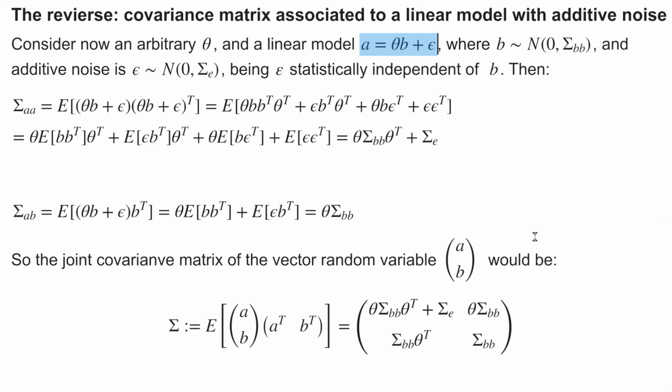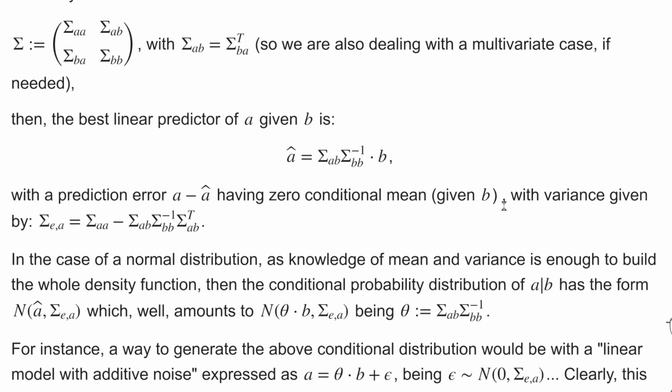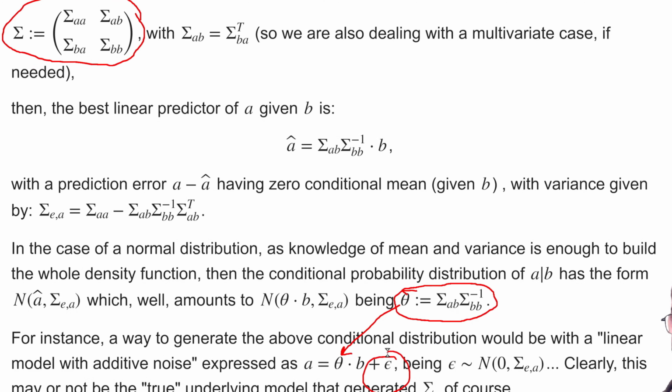And to conclude, we saw in the first part of this video that given a covariance matrix, we can build a linear model with additive noise, so the parameter theta is covariance times inverse of variance of input, and the additive noise has this covariance matrix, or just variance if it's in scalar.